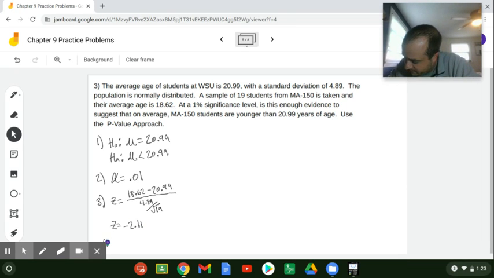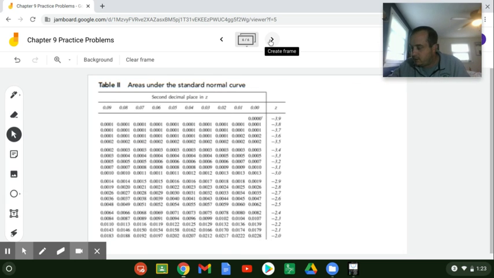Now, step 4 here, what is the p-value to go with that? If we're going to do it by hand, and we're looking for the p-value to go with that, remember that these areas all measure left of our point, which is okay for this scenario because we're talking about less than, a left-tailed test. So I'm looking here, we're talking about negative 2.11. There's a little snippet of the chart that you guys have.